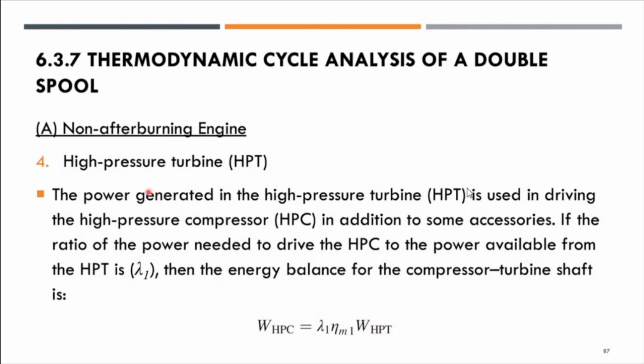And then we move to the high pressure turbine. The power generated in the high pressure turbine, HPT, is used in driving the high pressure compressor. HPT is connected to the HPC. If the ratio of the power needed to drive the HPC to the power available from the HPT is lambda 1, then the energy balance of the compressor turbine shaft can be written as this expression.